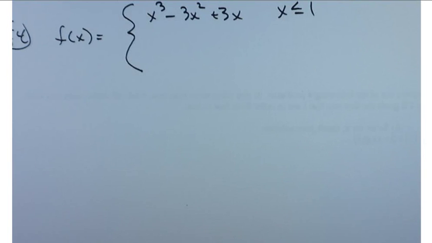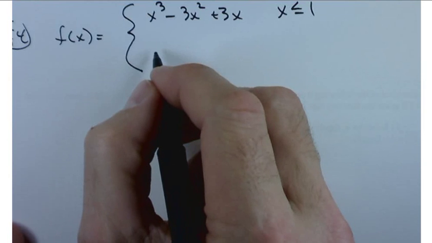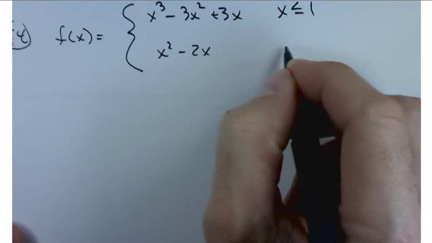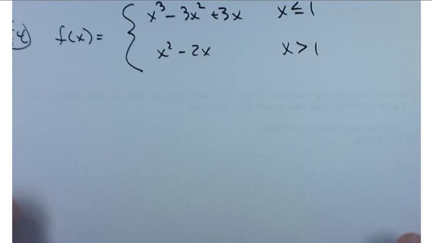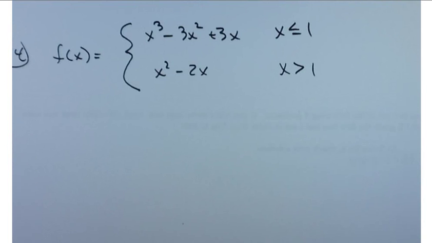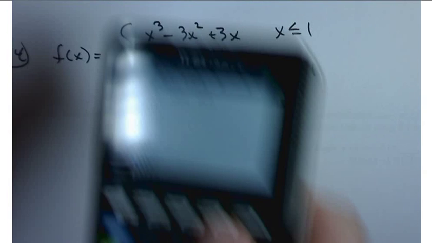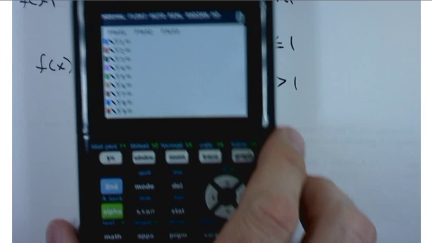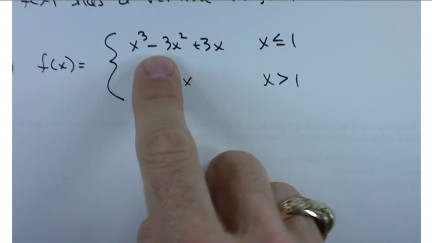And then another function, x squared minus 2x for x greater than 1. Now there's a couple ways we can put this into our graphing calculators. I'm going to be pretty simple about it. Into y1, let's put this first part of the function.